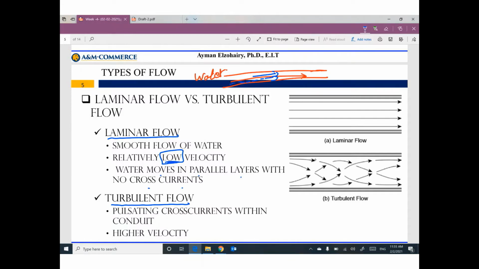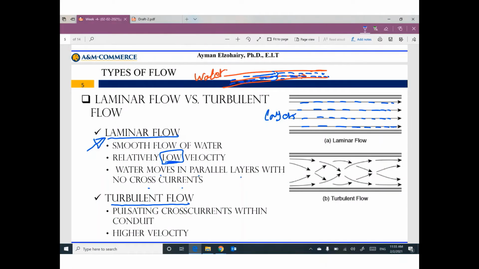The flow is moving in parallel layers like this. Flow smoothly. This case of flow can be called laminar flow. Looks like this one. Moves smoothly, the velocity is relatively low, and we have parallel layers of flow.